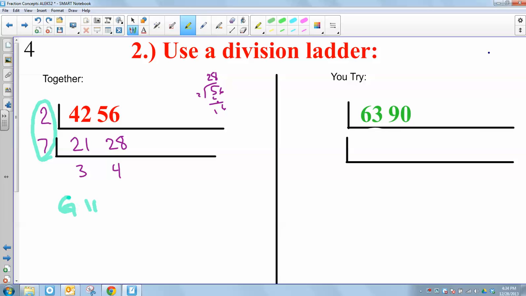So my greatest common factor is going to be equal to 2 times 7, which is 14. So I find a common factor and keep breaking it down until I get prime numbers, and then I multiply the numbers on the outside of my division ladder to get 14.